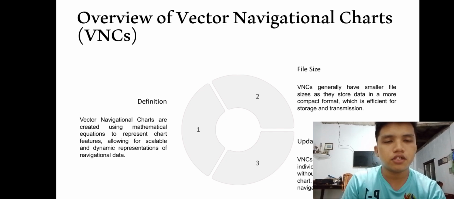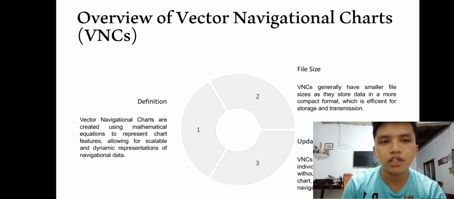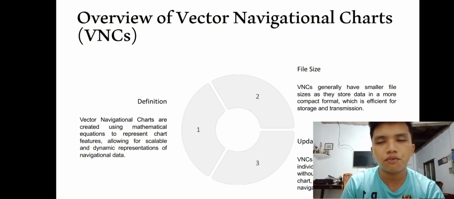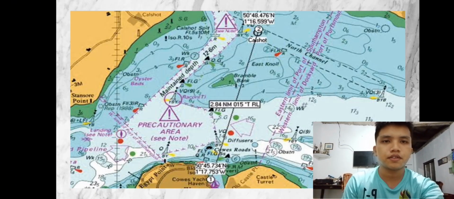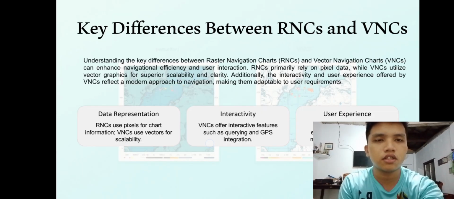Then update process: vector navigational charts can be updated more easily than the raster chart because individual features can be modified without needing to recreate the entire chart, ensuring up-to-date navigational information. This is an example of the vector navigational chart.